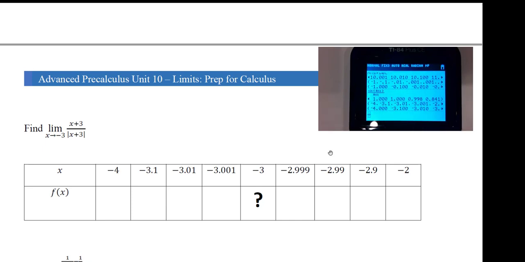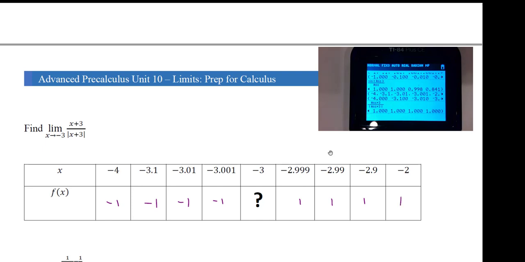Make a fraction again, and we'll go answer plus 3 over absolute value of answer plus 3. We get -1, -1, -1, -1, but then on the other side we get 1, 1, 1, and I bet you the last one's 1.